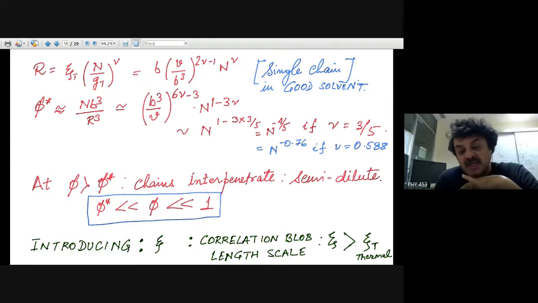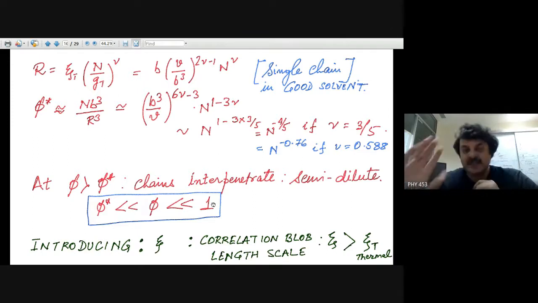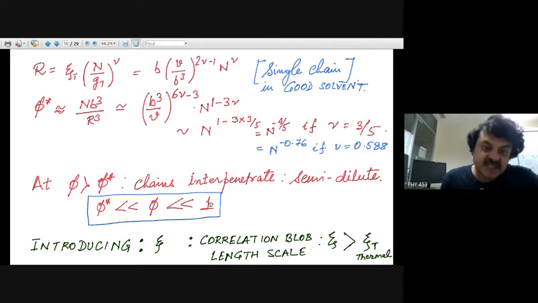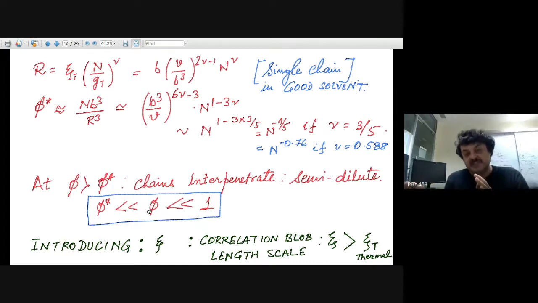If it is equal to 1, then all the space is filled with monomers. Here this is much less than 1, meaning there's still a lot of solution in between the monomers.